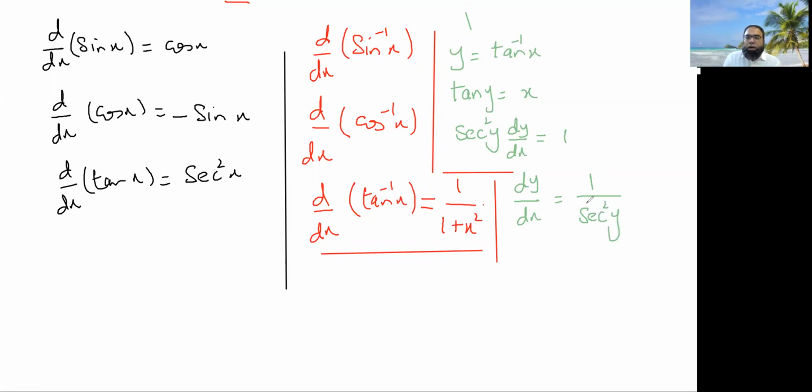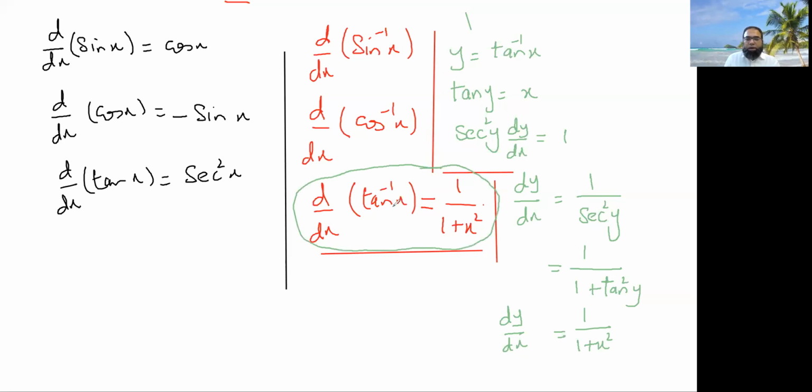And if tan y is x, can I change this to 1 plus tan square y? What is 1 plus tan square y? That is secant square y. And now if I change that tan y with the x, then dy by dx is 1 over 1 plus x squared. So you have to remember this new formula: the derivative of tan inverse of x is 1 over 1 plus x squared.